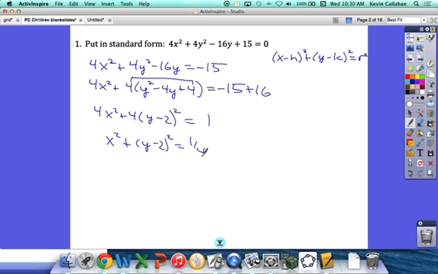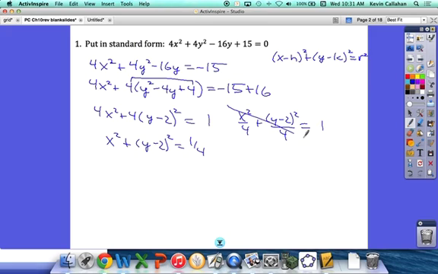Unfortunately, this is what a fair number of students do. They get to this point, and then on the next line it says x squared over 4 plus y minus 2 squared over 4 equals 1. And that's wrong. Right? You can't just put that in the denominator just because you want to. That's not equal to that.